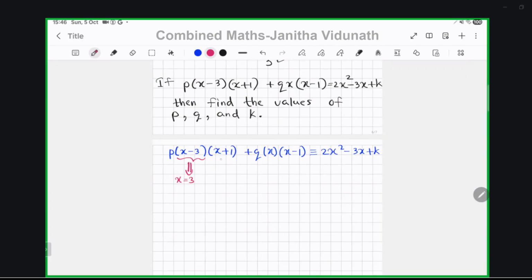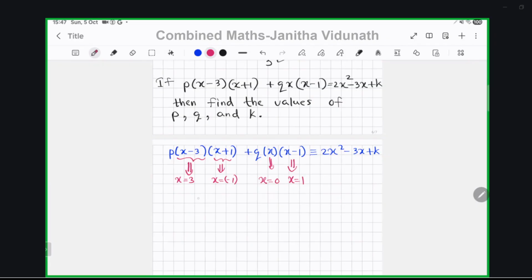Then this bracket is x plus 1, so this becomes 0 if x equals minus 1. Then this bracket is simply x. That means if x equals 0, this bracket becomes 0. Here this bracket becomes 0 when x equals 1.